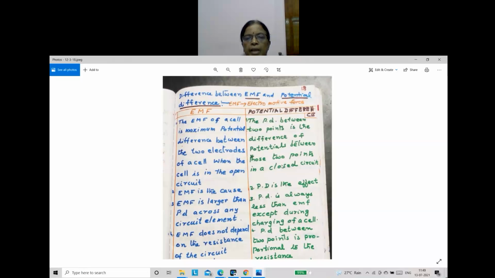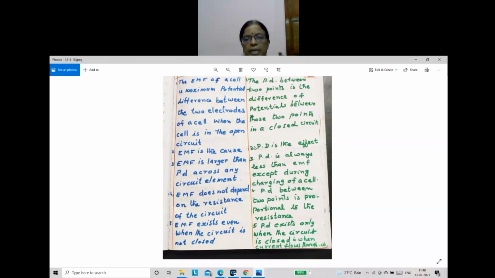EMF is the cause of this current, but potential difference is the effect produced by this EMF. EMF is larger than potential difference across any circuit. Potential difference is always less than the EMF, except during charging of a cell. During charging the equation will be E plus IR. When current is drawn, V equals E minus IR.